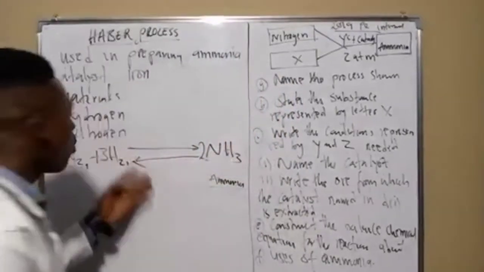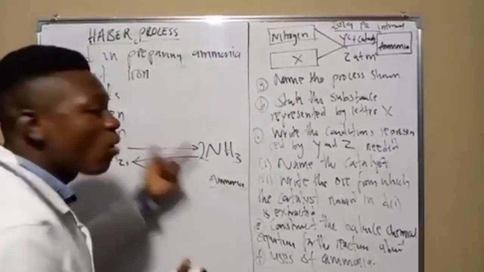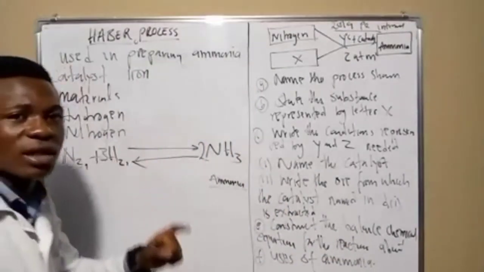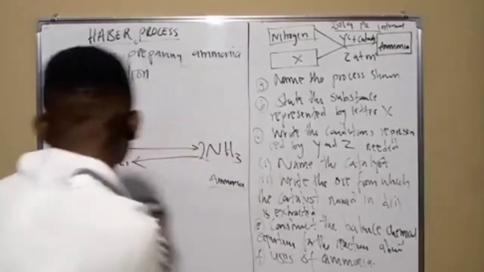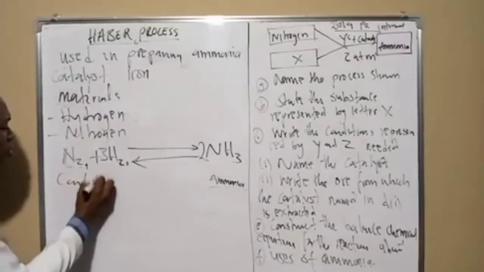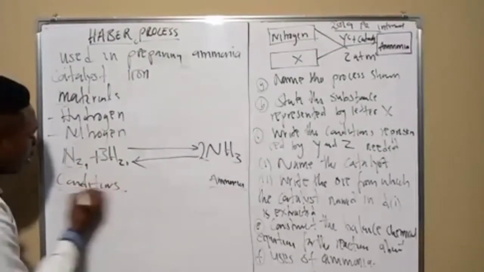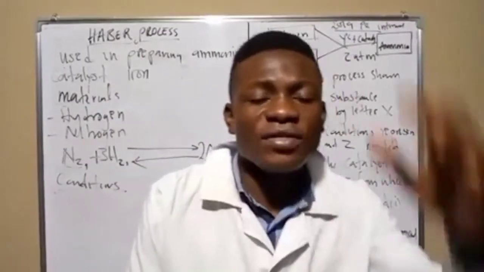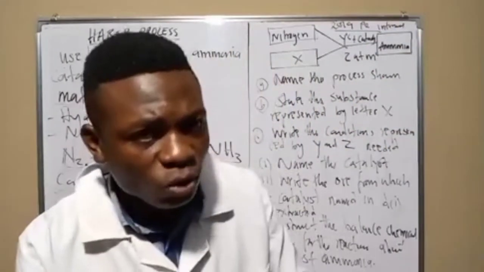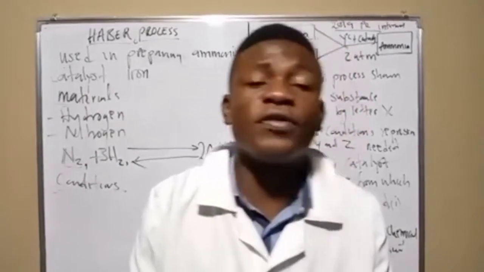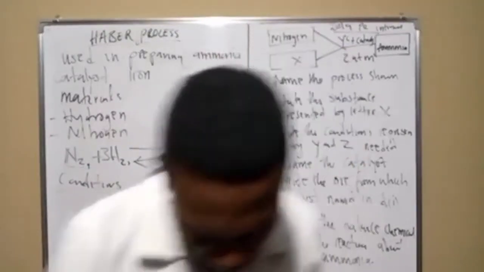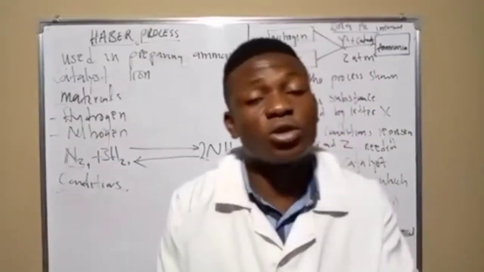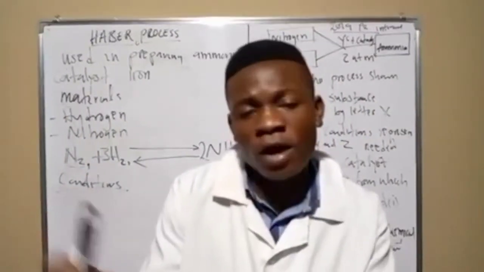Okay. So now, what are the conditions required to prepare ammonia? The conditions required are that the temperature must be between 400 degrees Celsius to 450 or 500.